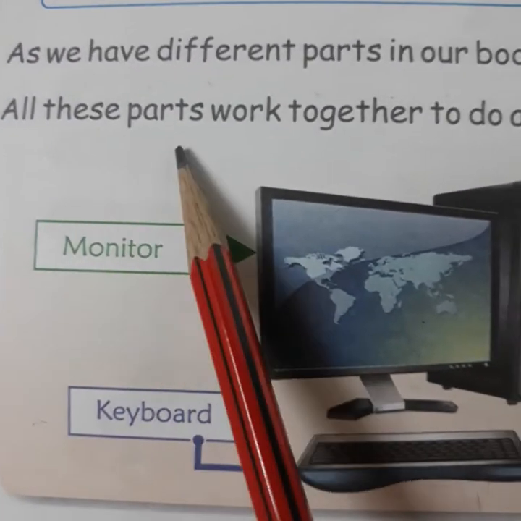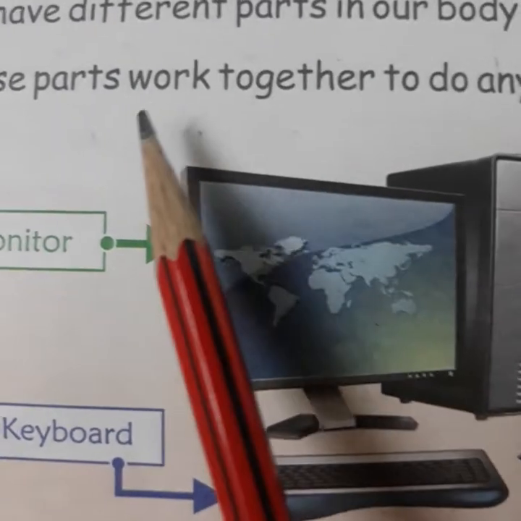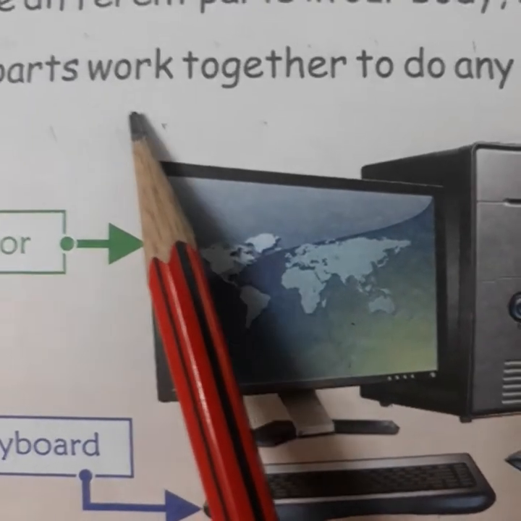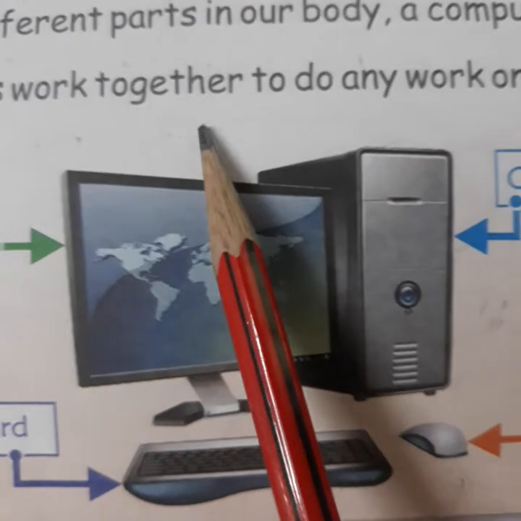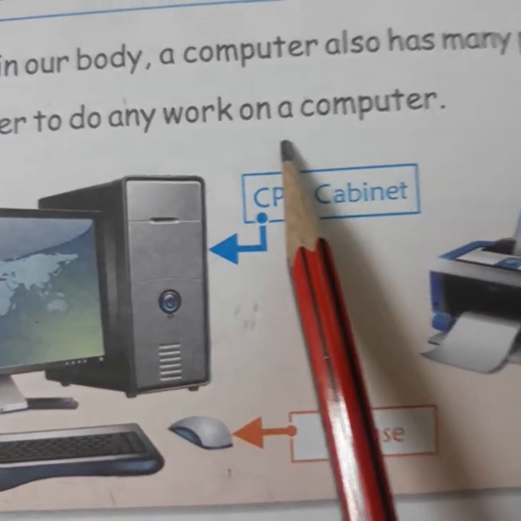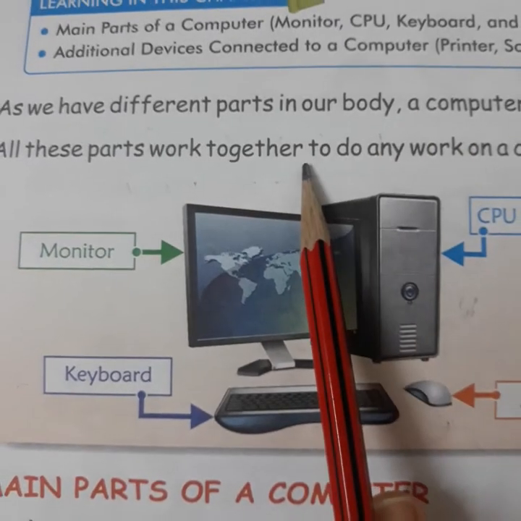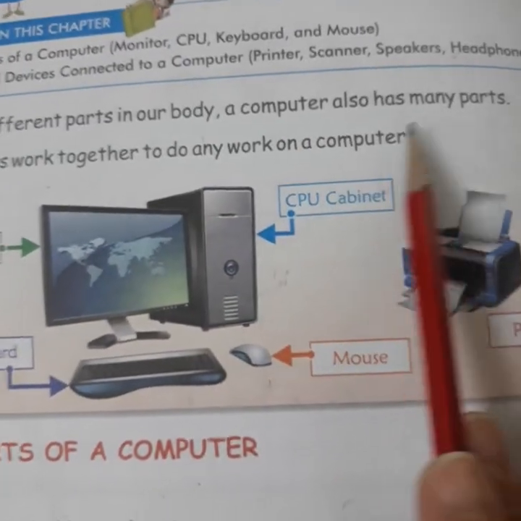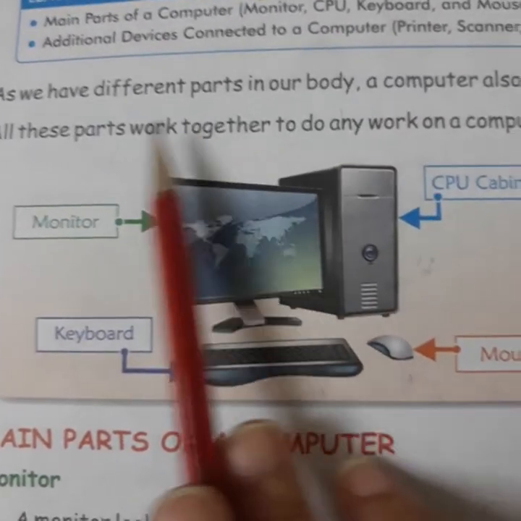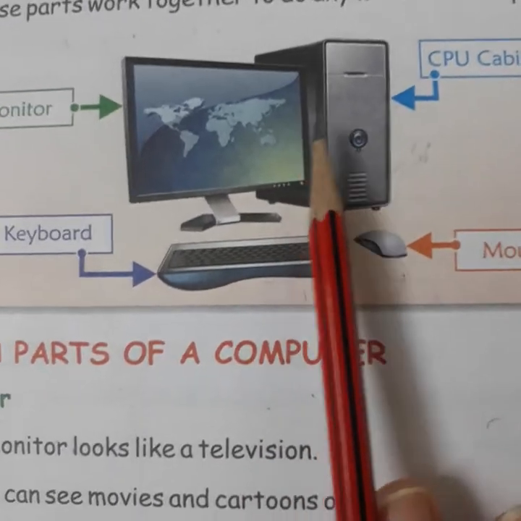All these parts work together, W-O-R-K, work. Work together to do any work on a computer. As I told you, like you have different parts in your body, a computer also has many parts. All the parts work together to do any work on a computer, right?